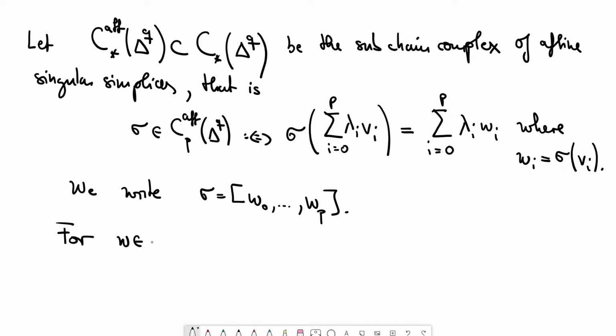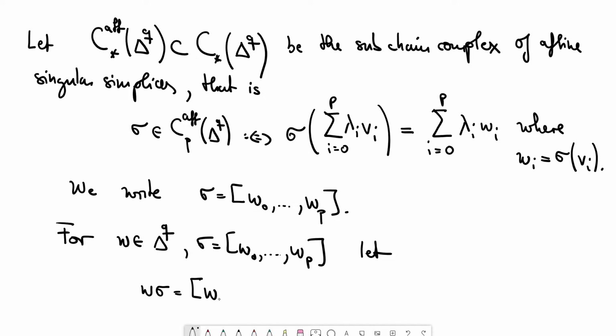So if we have a point W in delta Q and such a P-simplex, I can form a P plus 1 simplex, which I write as W sigma, and it's just given by adding this point W to the W_0 up to W_P. Right, so this is a P plus 1 affine singular simplex.